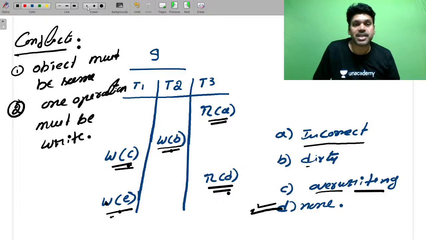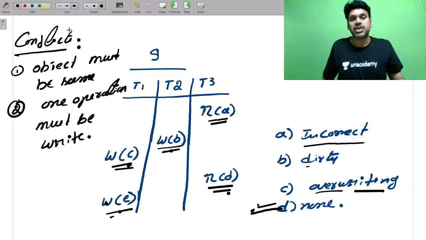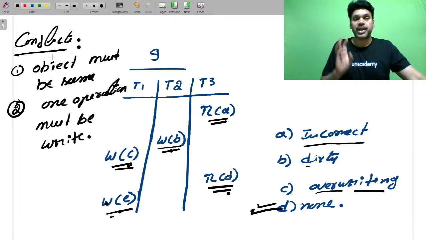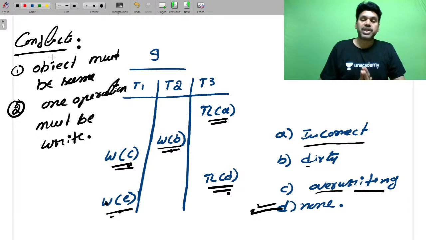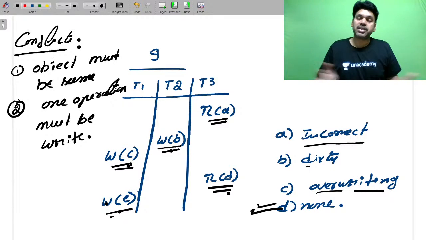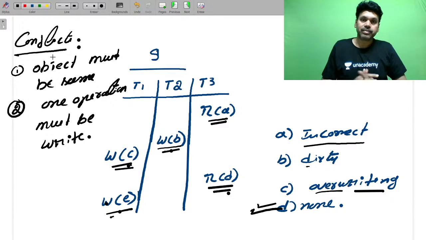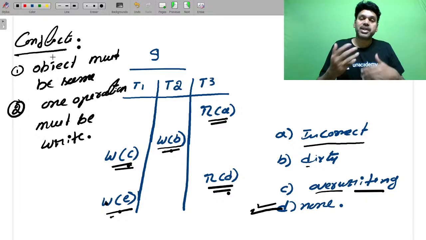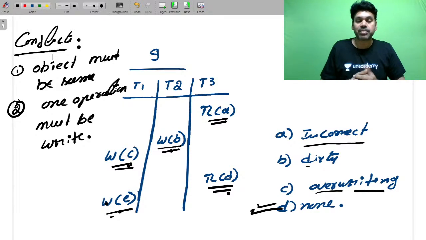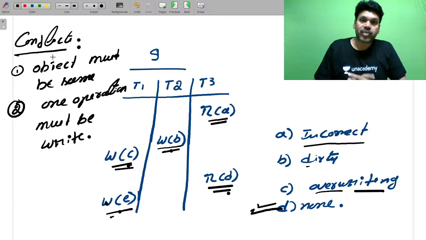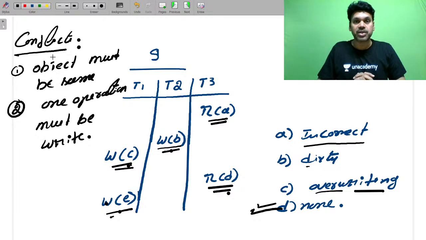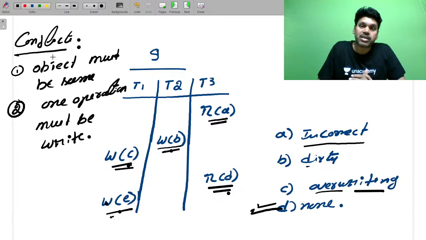That's it, friends. This is how it is about a schedule which consists of read, write, commit, abort or rollback. Now a schedule consists of a series of actions in the transactions, and the transactions can be swapped with each other. That means the actions can be swapped. Transaction order also can be swapped. By swapping the transaction order, it is called serial execution.